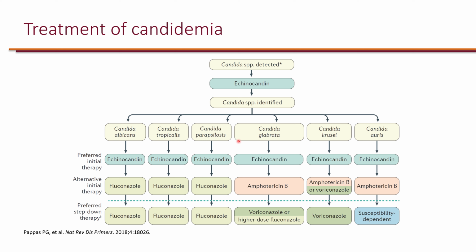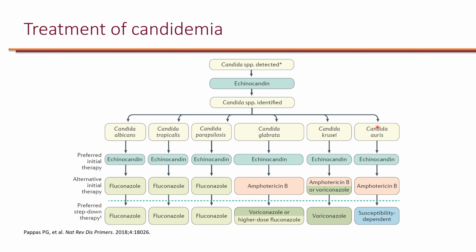But for glabrata is where we get a little problematic. If glabrata MICs are too high for echinocandin, even empirically, we may need to go to amphotericin B. But then for step down, either voriconazole or high dose fluconazole. For krusei, of course, voriconazole is the only option.